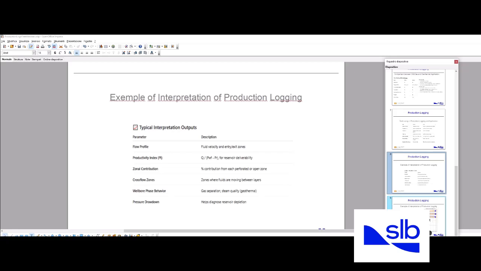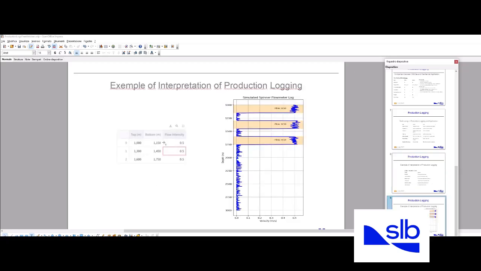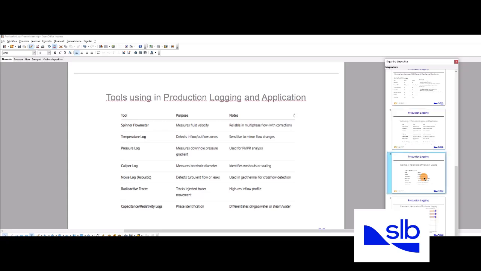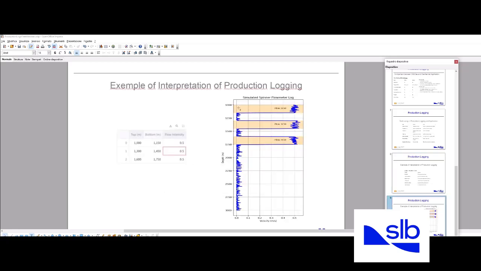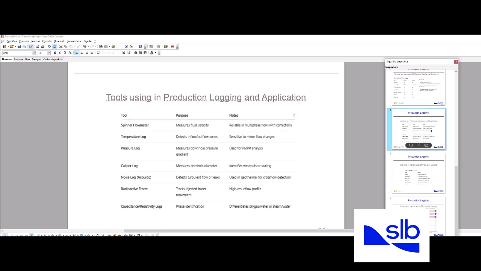I will show you an example of using spinner flow meters to determine the flow profile and the fluid velocity in a single or multiple reservoir zones along the wellbore. This is the table linked to this kind of measurement.